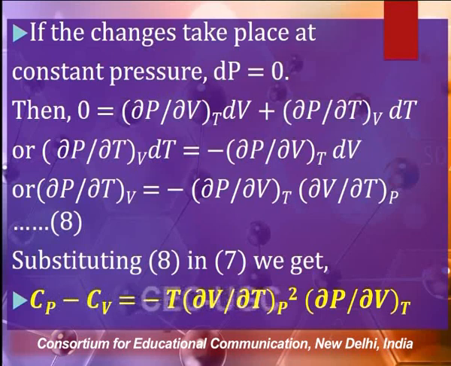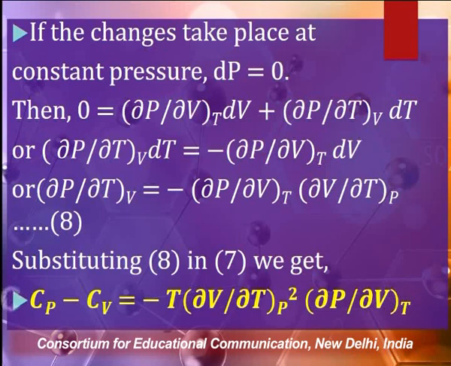If the change takes place at constant pressure, we have dP equal to 0. Then we can write 0 is equal to (∂P/∂V) at constant temperature dV plus (∂P/∂T) at constant volume dT.